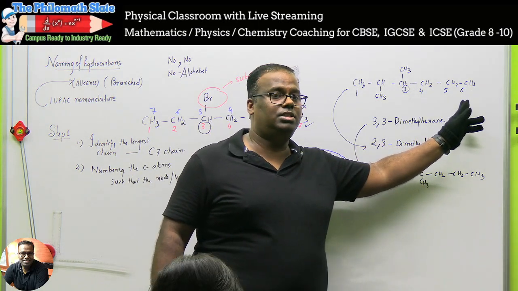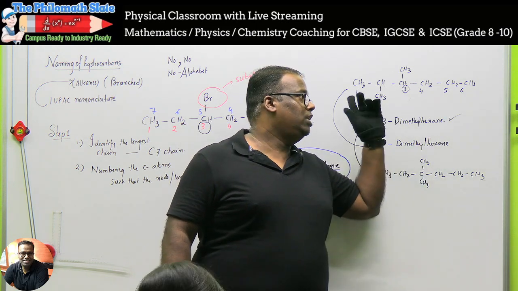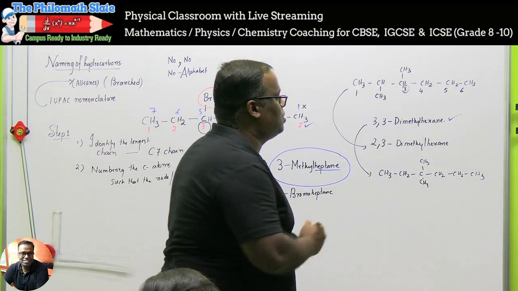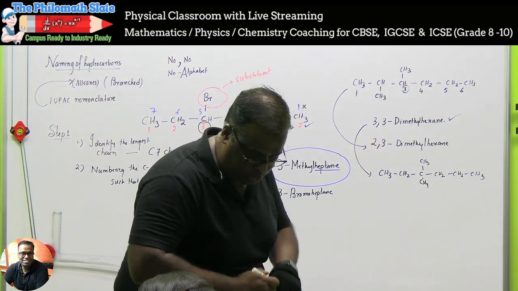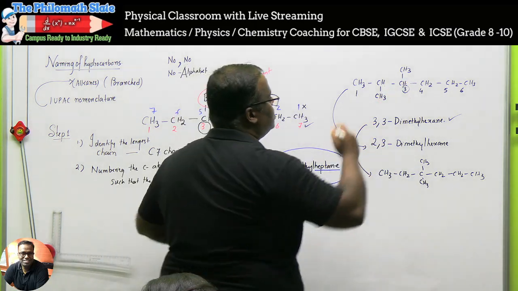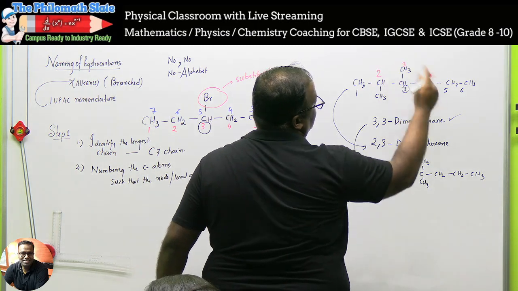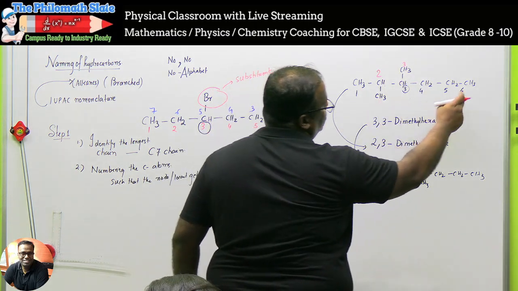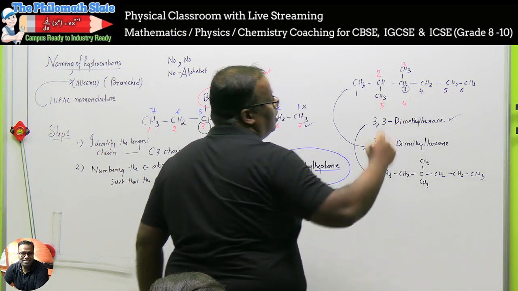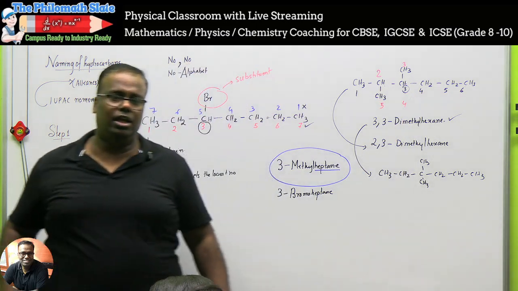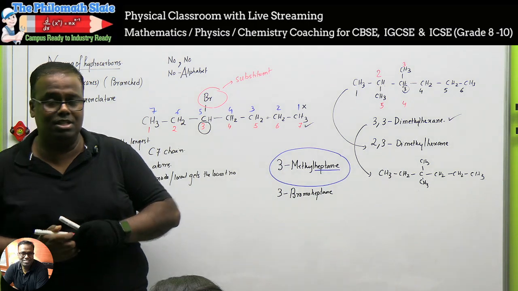Now here there is a challenge also. When you number, suppose I am numbering from this side, what are the numbers that are assigned to the nodes? Just look at the numbers assigned to the nodes. 2 and 3. If I came from this side, what would the numbers be? 1 2 3 4 and then 5. Here IUPAC says, we cannot write every rule, you keep understanding.